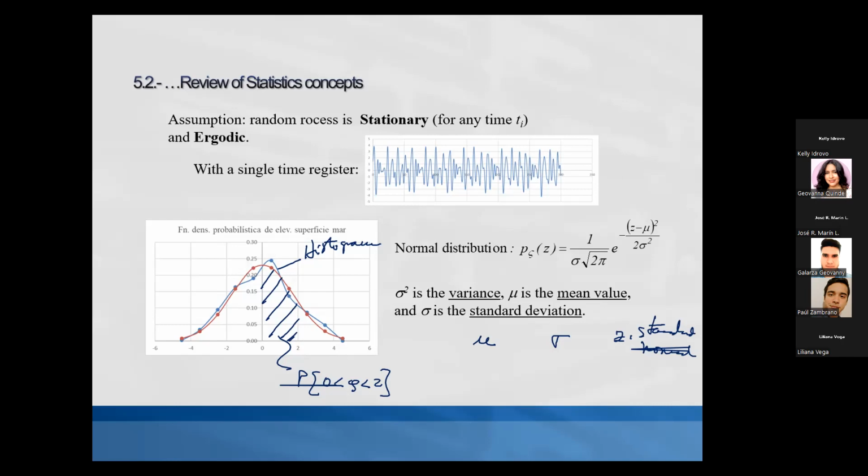So in this case, sigma squared is the variance, mu is the mean value. The square root of that is the standard deviation, right? So with these two values, mu and sigma, you are able to develop this curve, the red one, right? And we see that it's adequate, right?